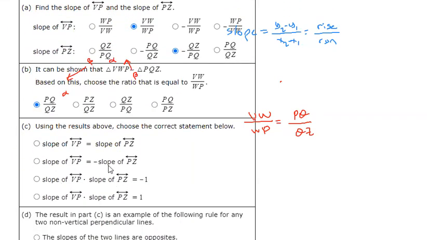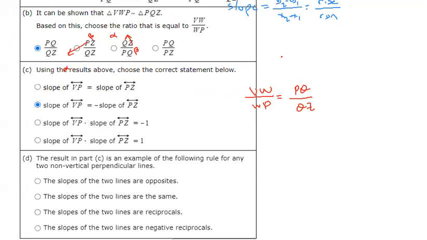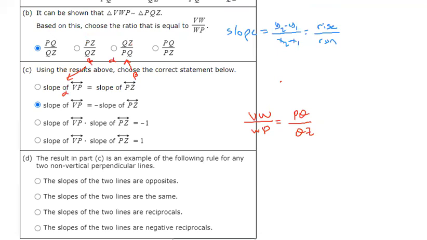So the slope of VP and slope of PZ are just negative versions of each other. And if they are negative versions of each other, then their product is going to be -1. And we call that two slopes being negative reciprocals. So that should be my reason.